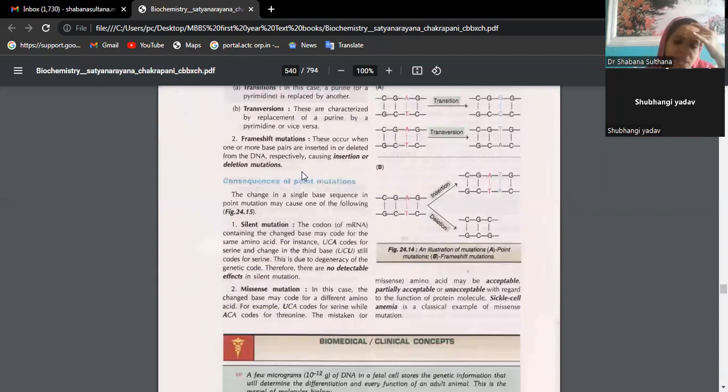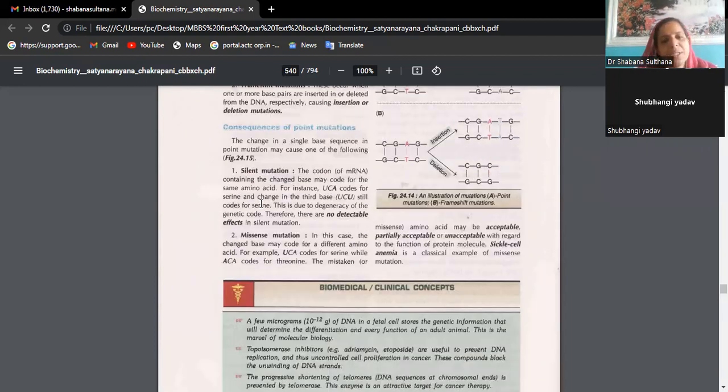What are the consequences of mutations? First, with point mutation: point mutations are single, it can be transition or transversion. Only one particular purine or pyrimidine is replaced. Here, if you remember the wobble hypothesis, 3 or 4 codons code for only one amino acid.